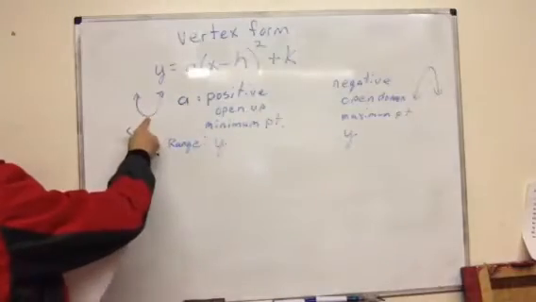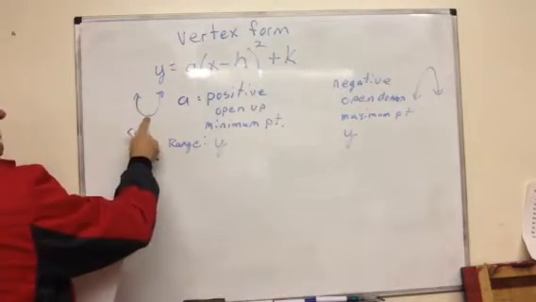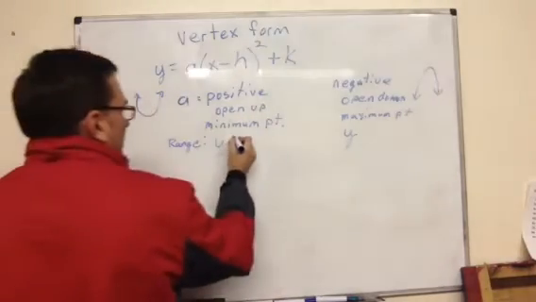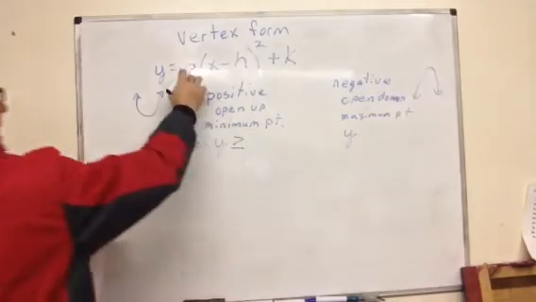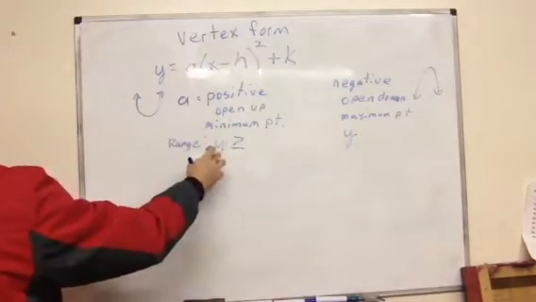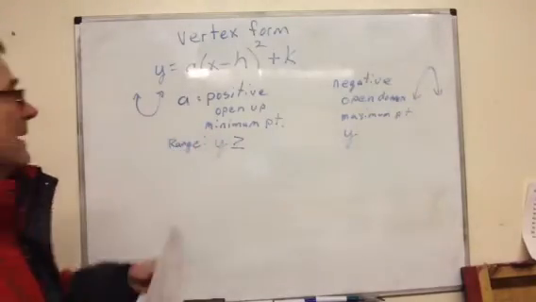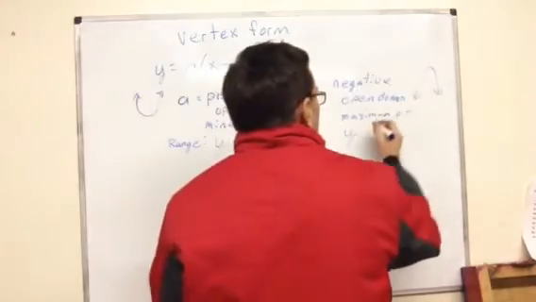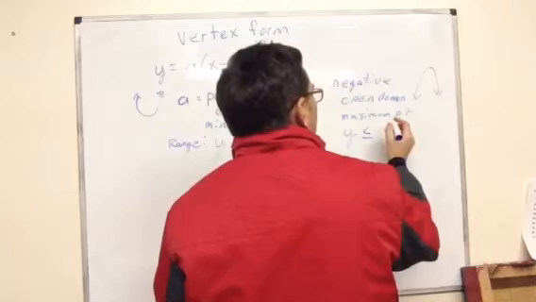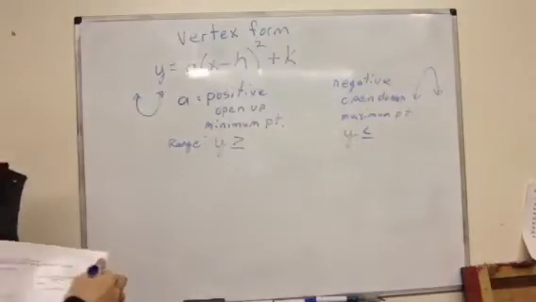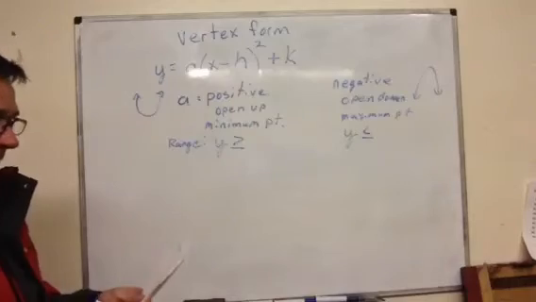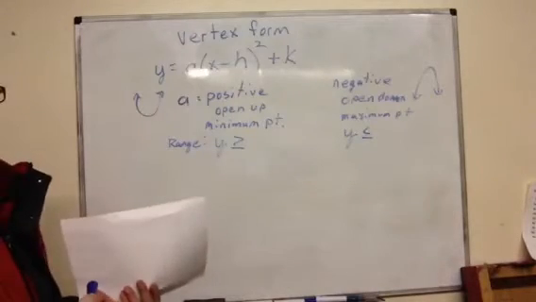At the bottom here, which way do our y values go? They go up. So if a is positive, it's always going to be y greater than or equal to our minimum point. If it's negative, it's always going to be y less than or equal to our maximum point, our y value there. So the a value gives us a lot of information.